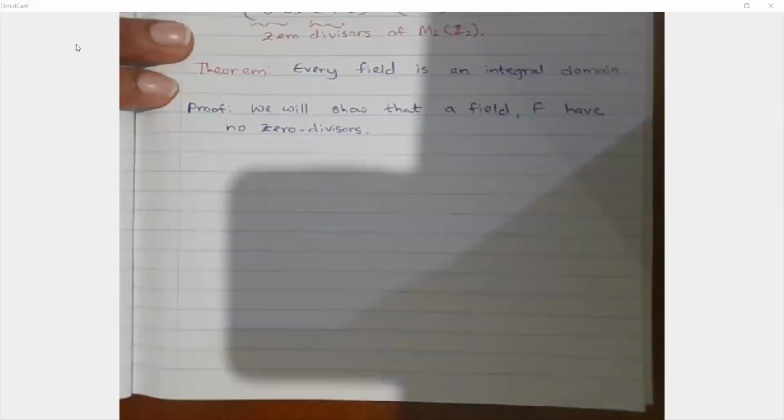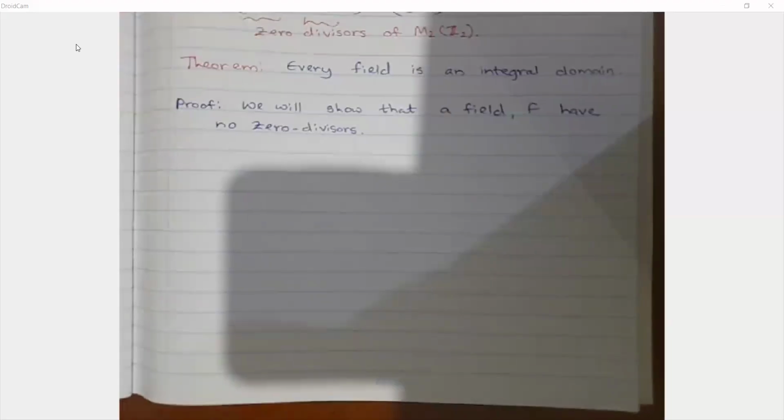So how do we do that? You take any 2 elements from the field and consider their product to be 0. If the product is 0 for these 2 elements, one or the other must be 0.